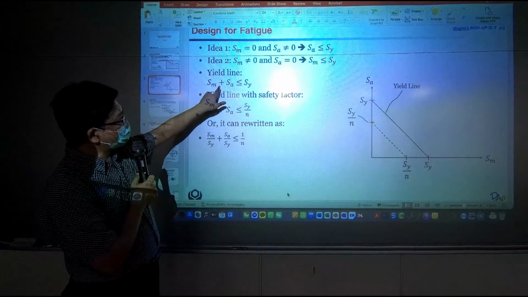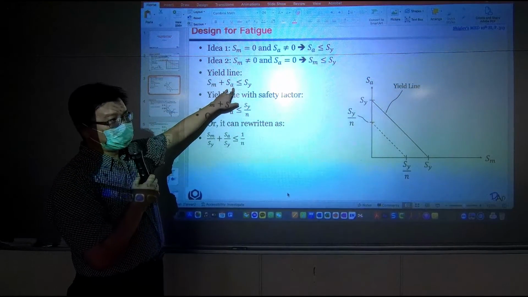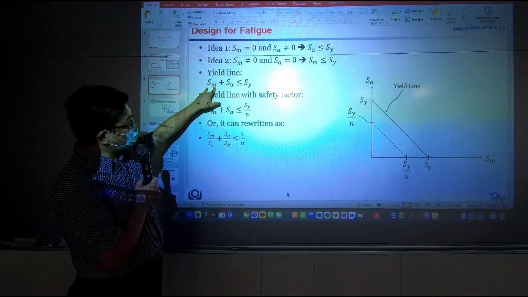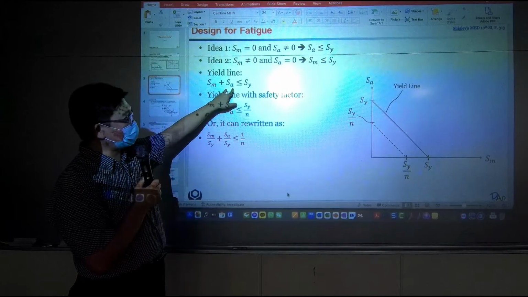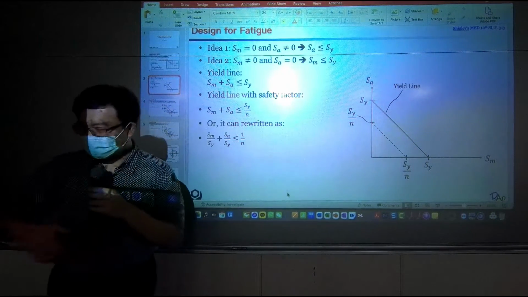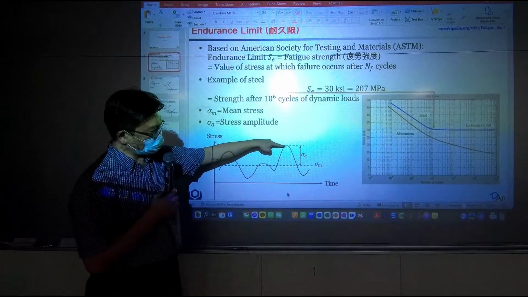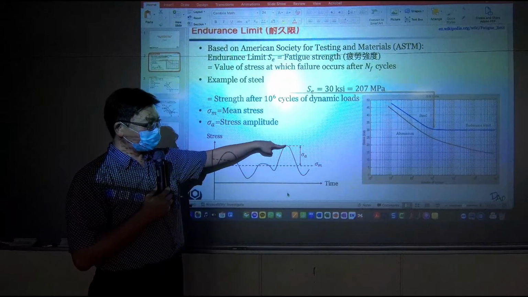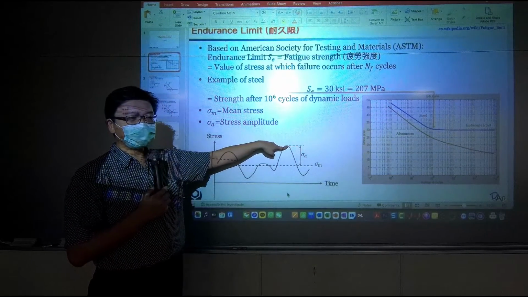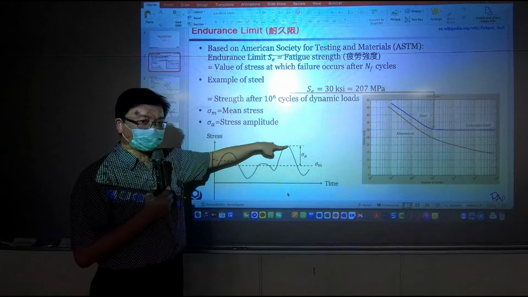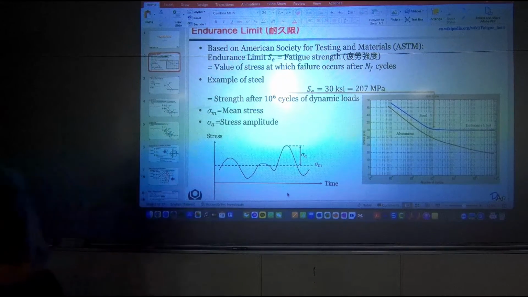So the mean value of your stress plus the amplitude of your stress would be the worst case, the maximum load you're carrying right here. So if your worst case is not greater than yield strength, you should be fine.